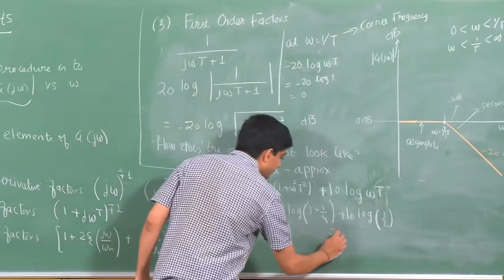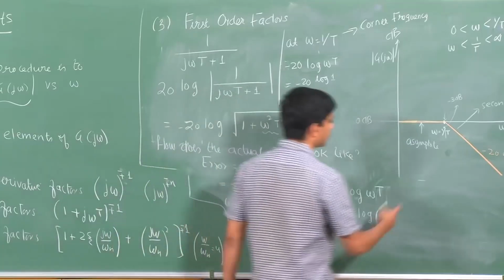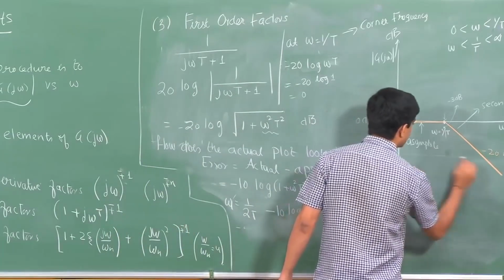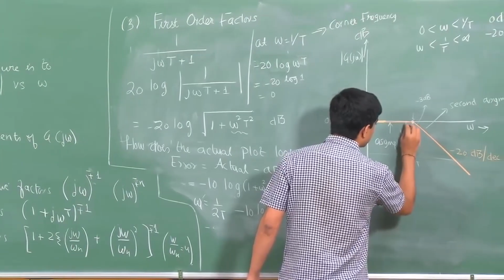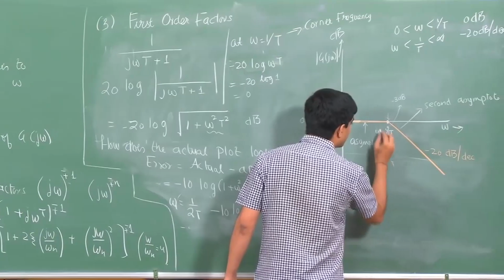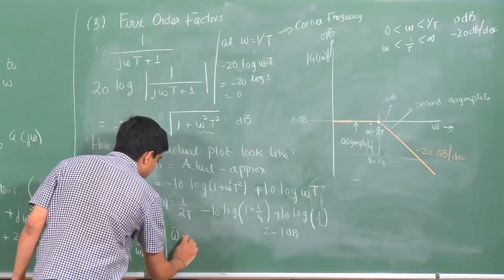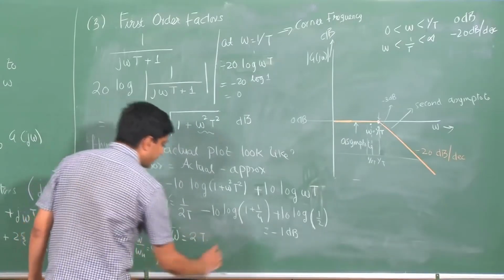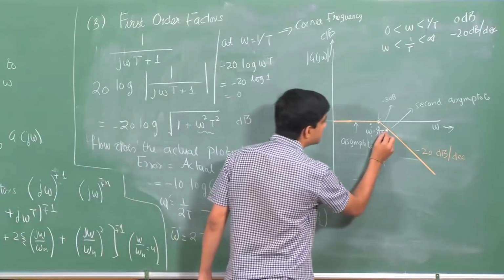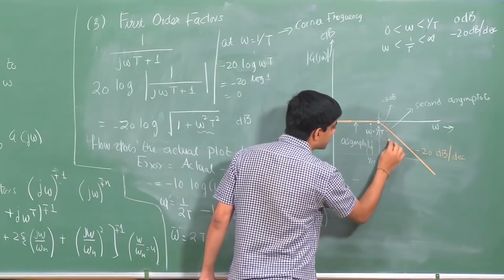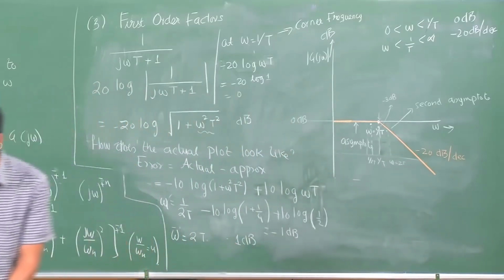So, this you could compute to be minus 1 dB, right. So, if I just say this is 1 over T, and somewhere here is 1 over 2 T, here the error is 1 dB. Similarly, I can compute for omega is 2 over T, the error is again minus 1 dB right here. So, the actual plot would look something like this.